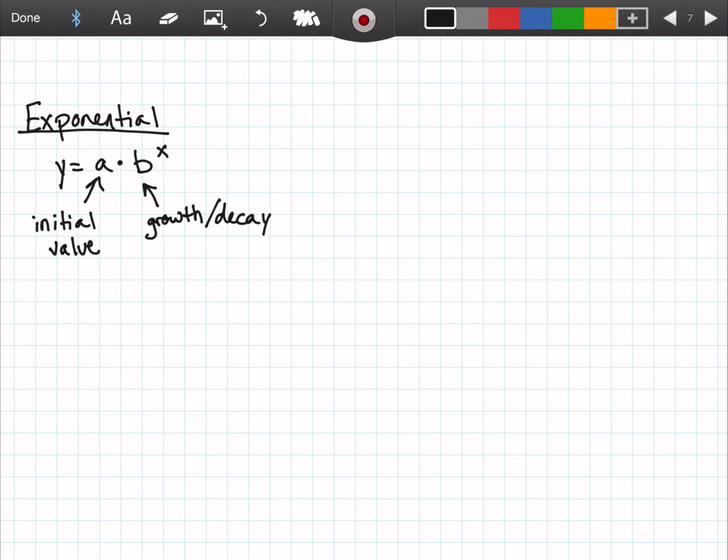B is going to be your growth or decay factor. And the difference between growth and decay, it's right underneath here. With growth, your factor is going to be bigger than 1, and decay, it's going to be less than 1.